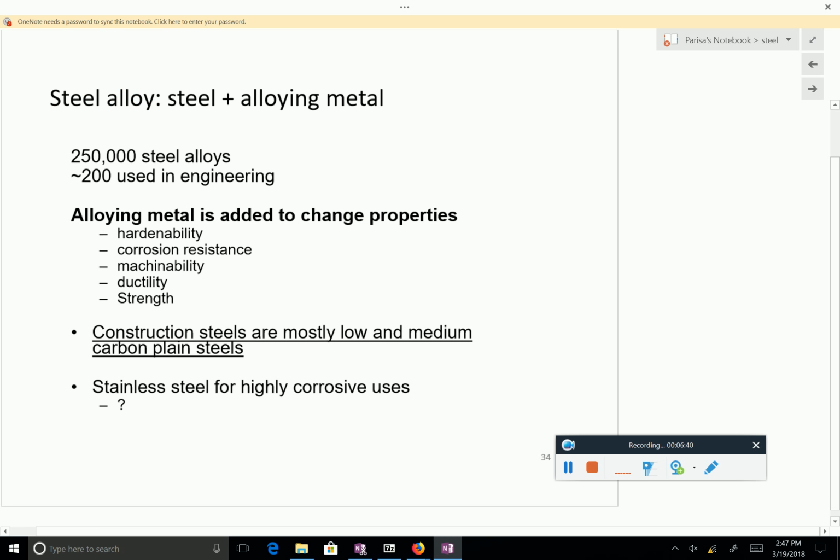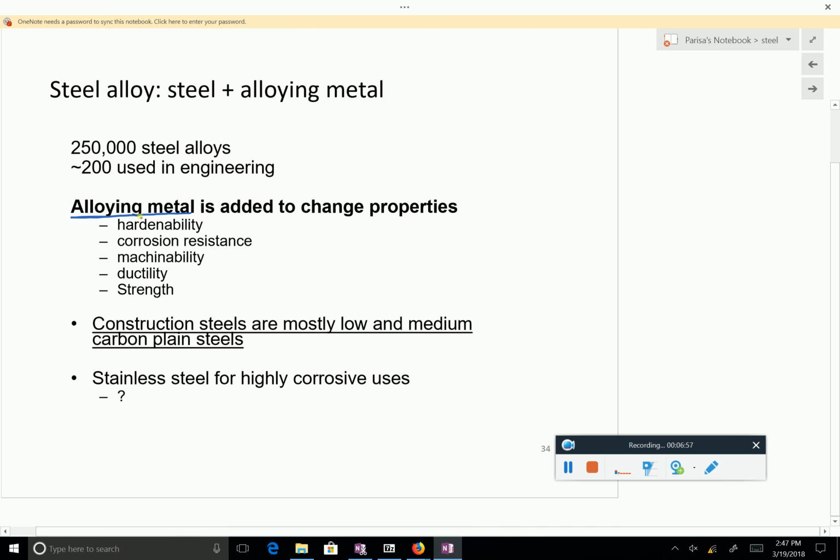So other than these kinds of heat treatment, sometimes we also add other alloying metals to the steel to change the properties. So it's not only using heat treatment, sometimes you add other elements to change the properties of a steel.